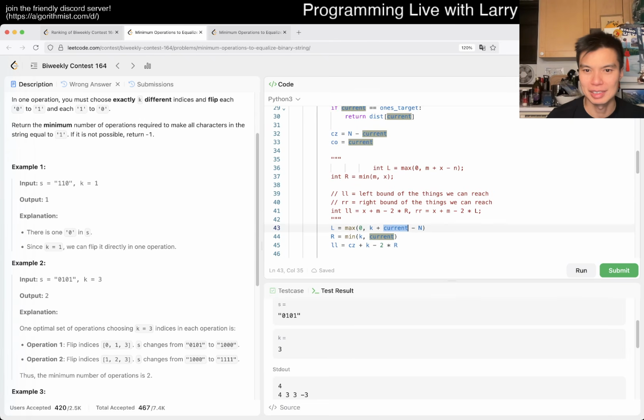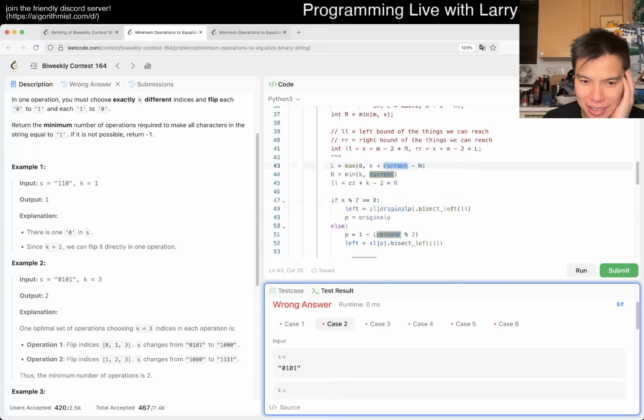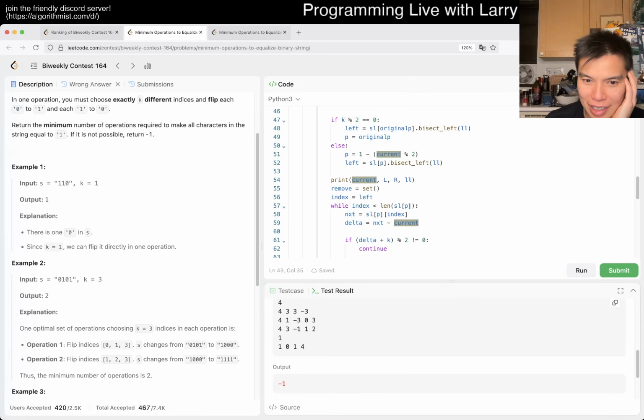Current. Let's see. Minus. Maybe I misunderstood that one. I don't know. Okay. Because this definitely changed. Because then now, yeah, it is -3. So then now it goes to 1.